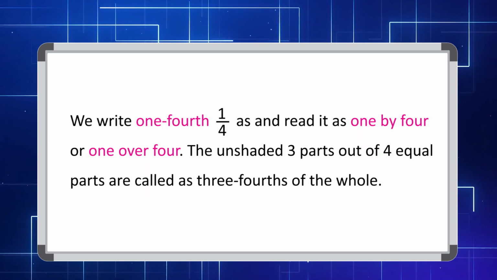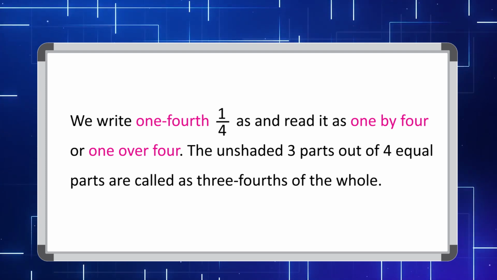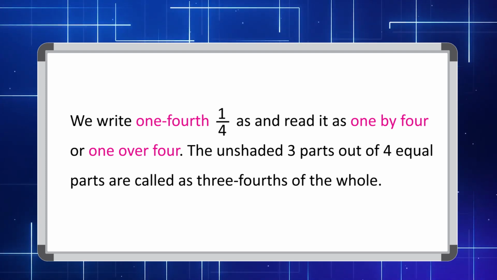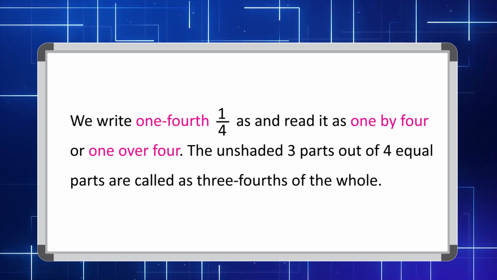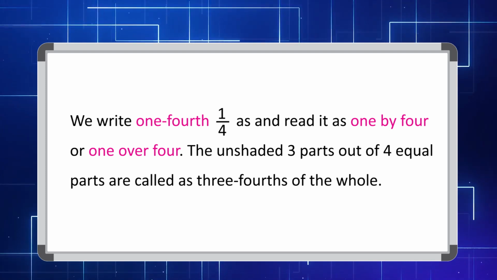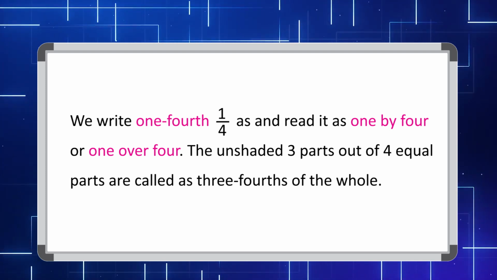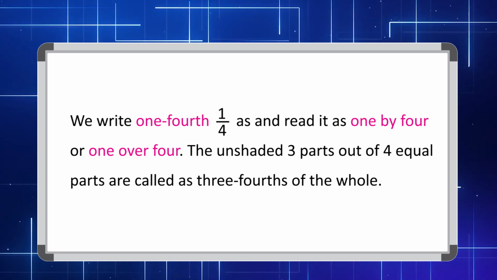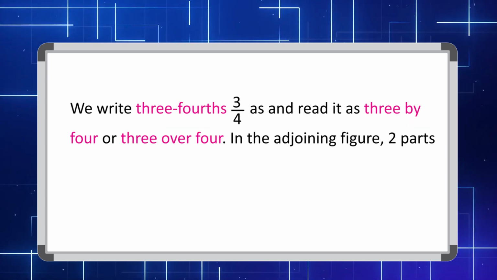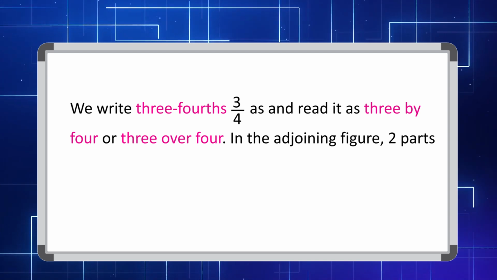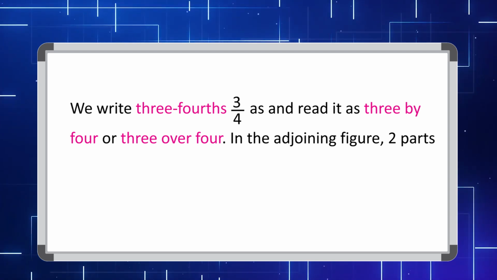We write 1/4 and read it as one-fourth. The unshaded three parts out of four equal parts are called 3/4 of the whole. We write 3/4 and read it as three-fourths.